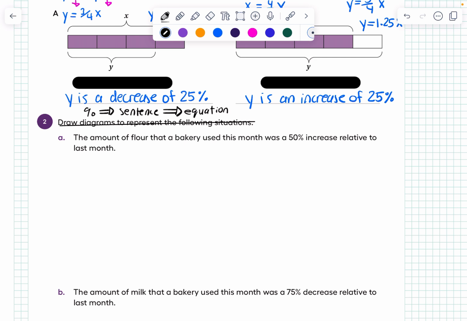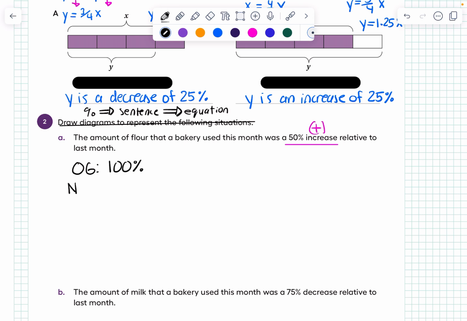Okay, so the amount of flour that a bakery used this month was a 50% increase relative to last month. So a 50% increase means that an increase would mean to add. So if we're talking about the OG percentage, the OG percentage would be 100%.